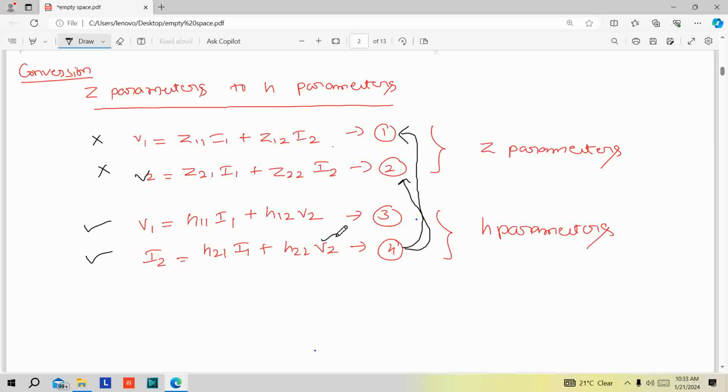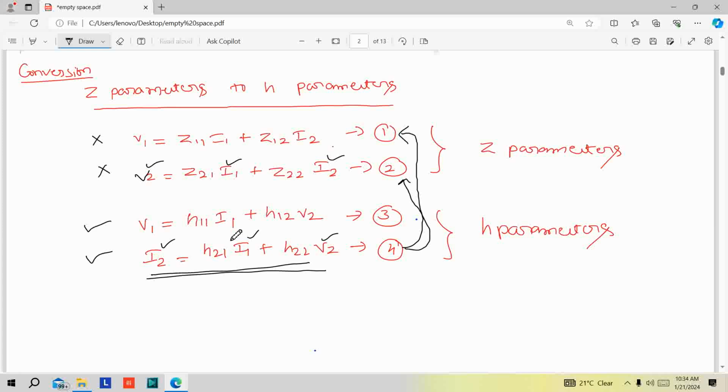Here V2 is here, V2 is here, I1 is here, I1 is here, I2 is here, I2 is here. All the current and voltage variables are matching between equations 2 and 4, correct? So you should not vary equation 2. Here we need to vary equation 4.